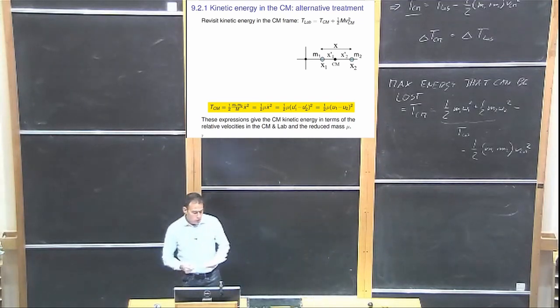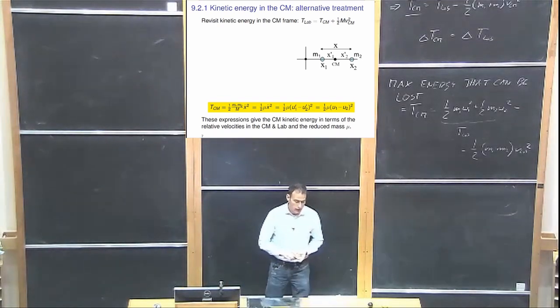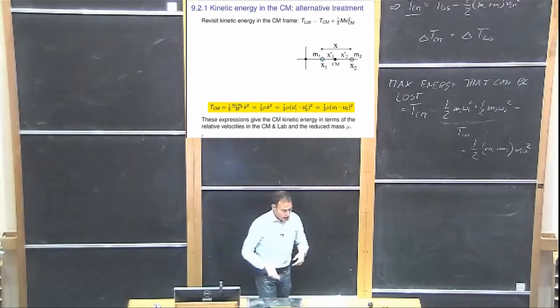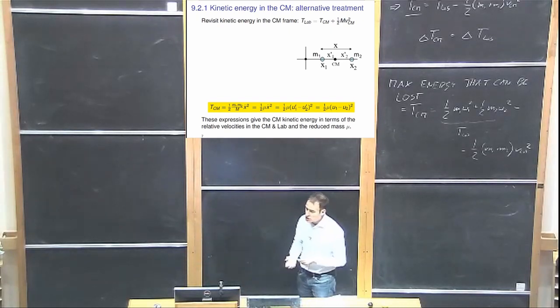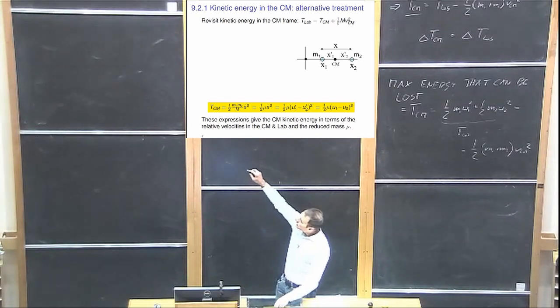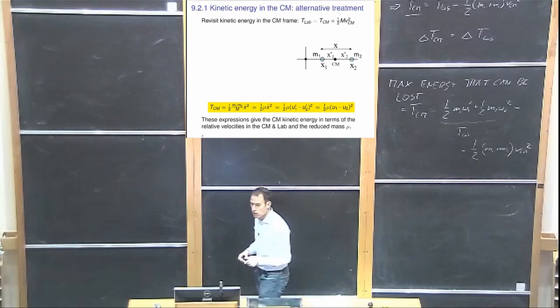So we're quickly going to revisit this relationship. T_CM equals kinetic energy in the lab frame minus what I've just written down there. In lecture 6, we had a similar example of two bodies, M1 at x1, center of mass, but there they were coupled with a spring.